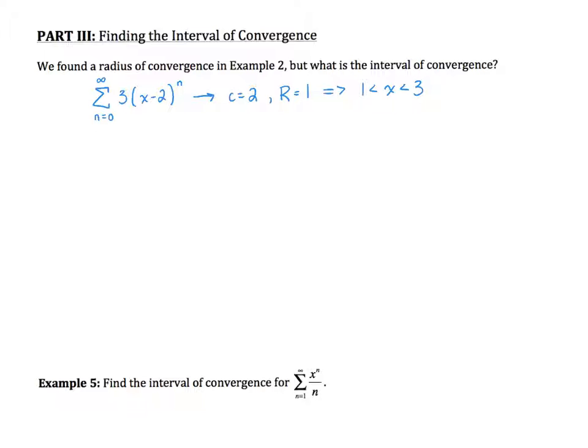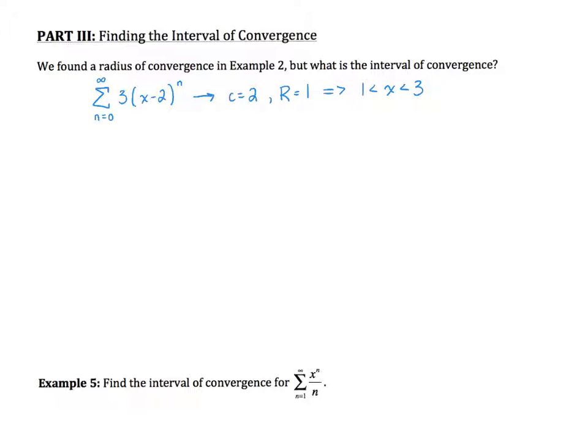But we've got to do this last little nitpicky bit of, should the 1 and the 3 be included or not? And I hate to tell you, sometimes you can't always tell just by looking at it. Sometimes both of your endpoints will be included in your interval of convergence. Sometimes they both won't.